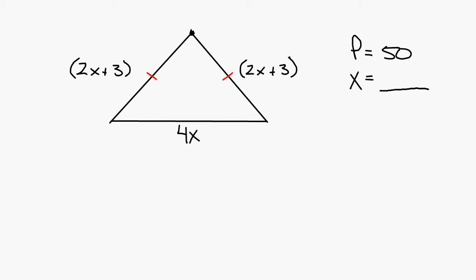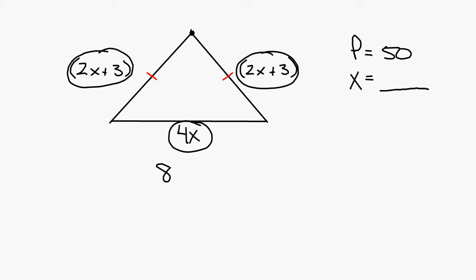Which means if you add the 3 sides together, it's got to equal 50. So what is 2x plus 4x plus 2 more x? 8x. And what is 3 plus 3? It's 6. So 8x plus 6 is all the sides added together, right? And what does it got to equal? 50. So that's your setup.